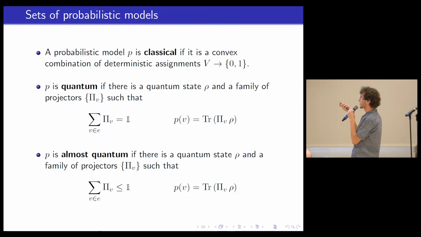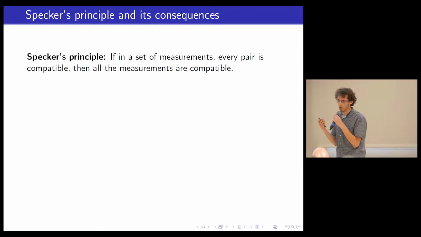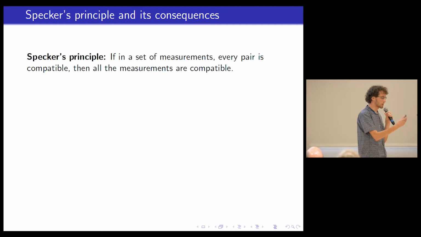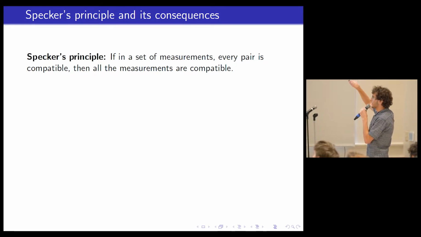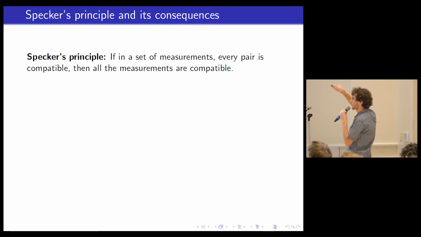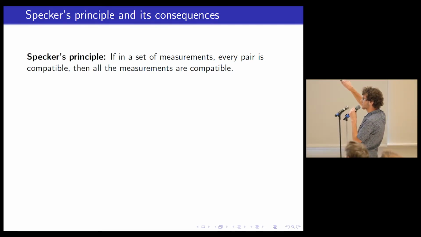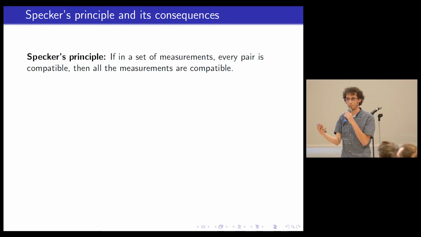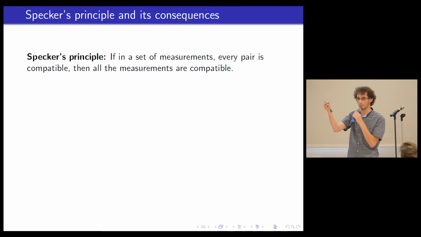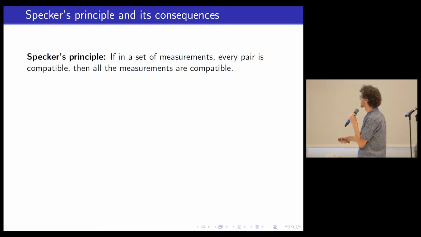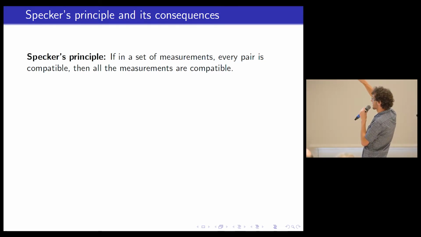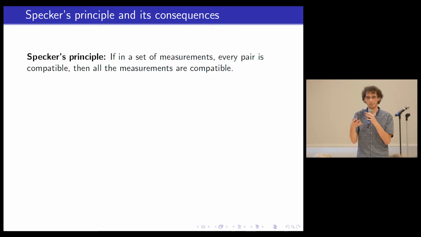OK, so let's now actually describe Specker's principle in more concrete language, in particular in the language of compatibility. What Specker's principle says is that if we have a set of measurements and any pair of them are compatible, so you pick any two of the measurements in the set and they have a joint measurement, then it should be the case that all of those measurements in that set are compatible.